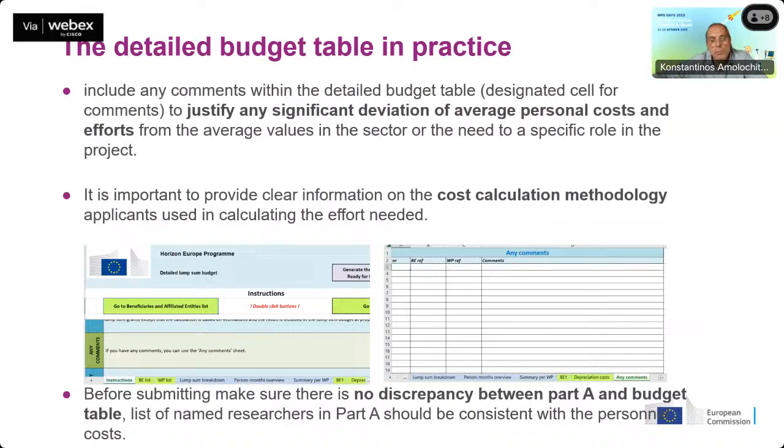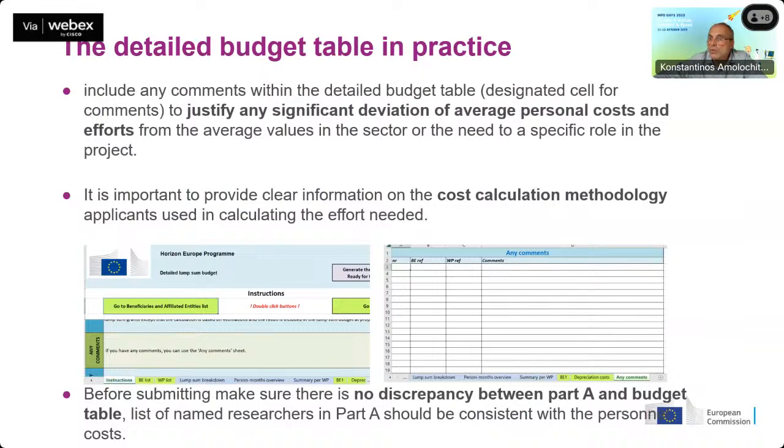So the more information you provide, the clearer you are towards the evaluator, and of course there are fewer question marks for your proposal. So it's important to provide clarifications and detailed information in the comment sections.